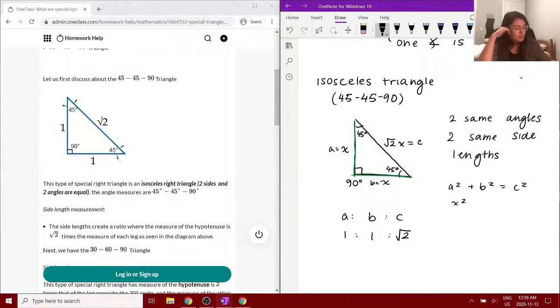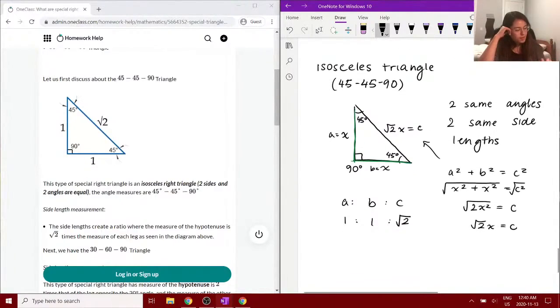And we take the square root of both sides, and we would be able to find that root 2x is equal to C. Okay, so that's how you came up with that from the ratio.